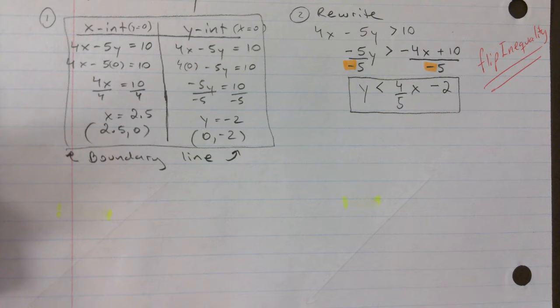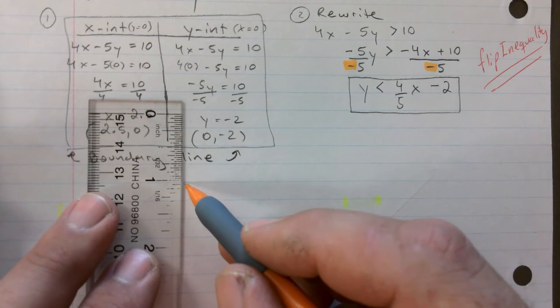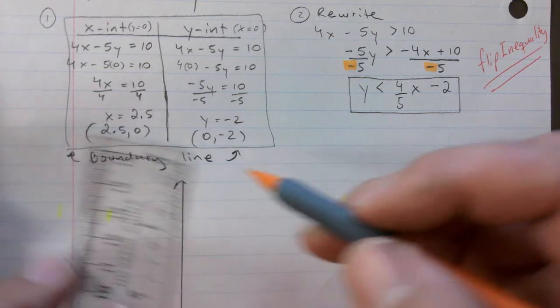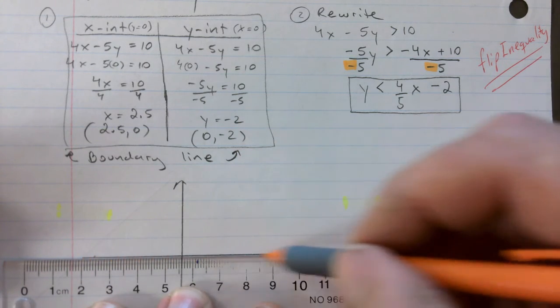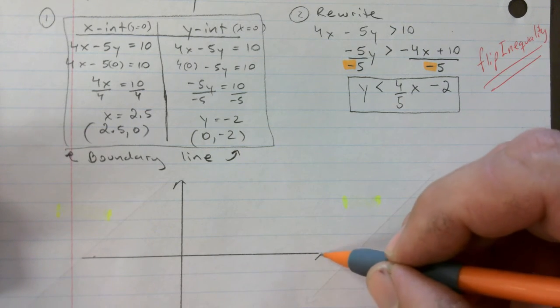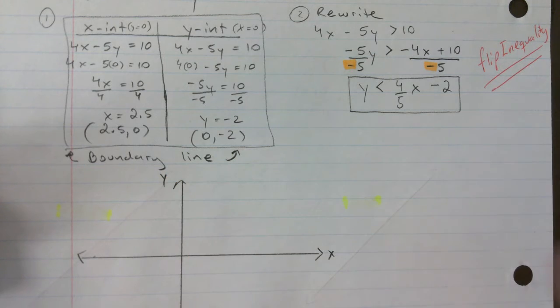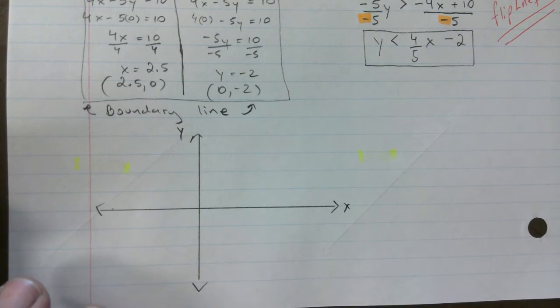So now we go ahead and try to graph this. I'm going to graph this down here. I'm not going to use a whole lot of room, so don't worry about that. I put the x there, the y there. My scale, my numbers are very small, so I'm not too worried about it.